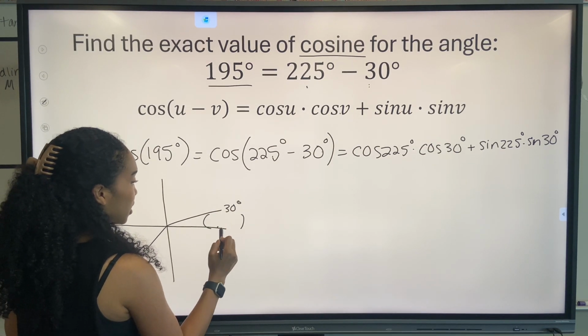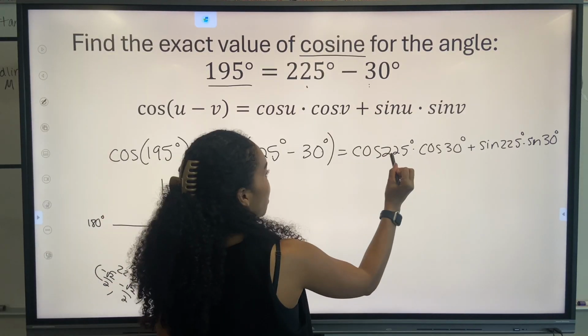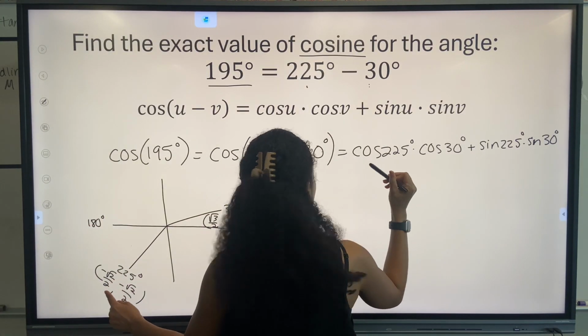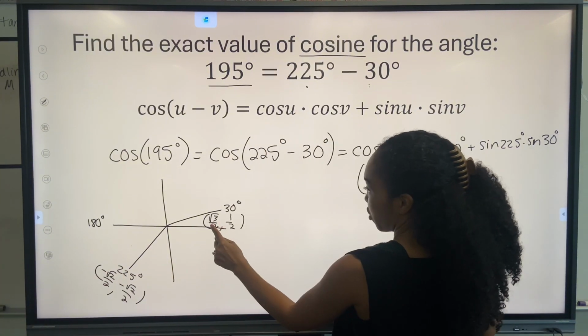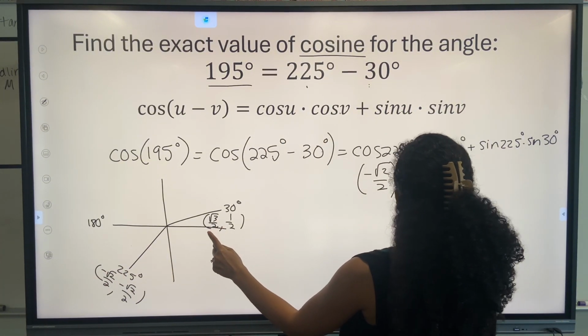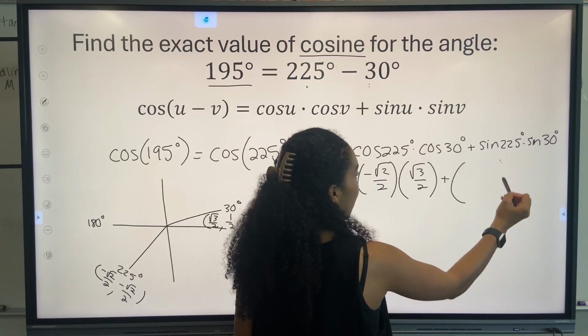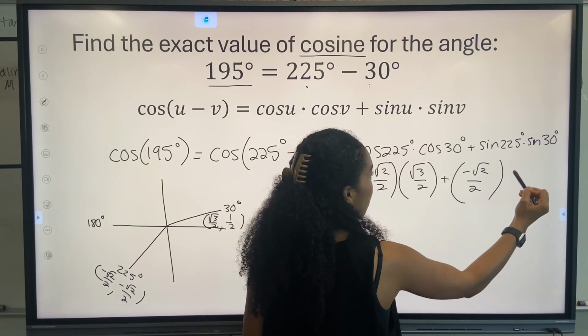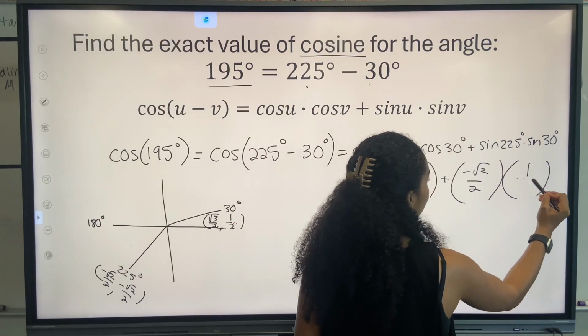And that coordinate is square root of 3 over 2 and 1/2. So cosine at 225 is negative square root of 2 over 2. And cosine at 30 degrees is square root of 3 over 2. Plus sine at 225 is negative square root of 2 over 2. And sine at 30 degrees is 1/2.